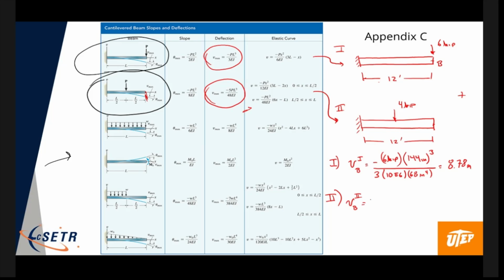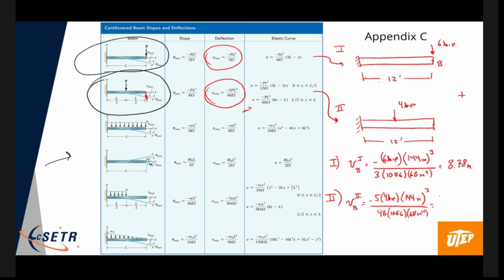And so that's minus 5 times P. In this case, P is 4 kips, right? L is still 144 inches, and that's cubed as well, over 48 times E, which is 10 to the 6th, and then I, which is the 68 inches to the 4th, right?